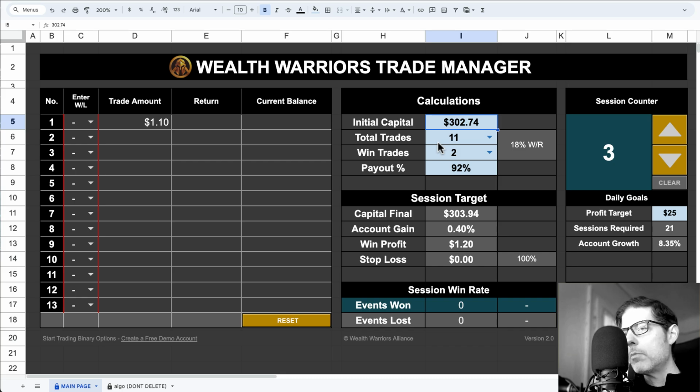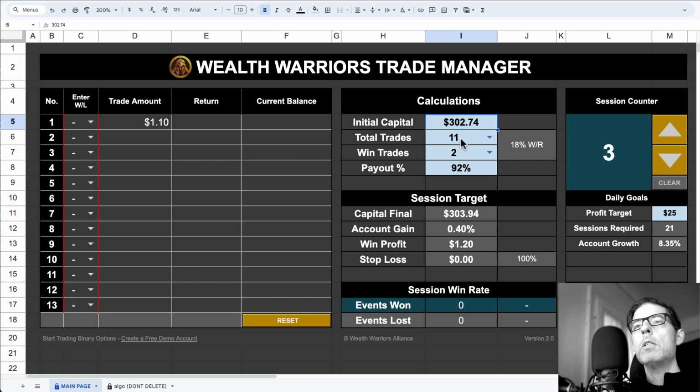They're free to go crazy if they want to. Totally up to them. And also everybody has different skill levels when it comes to trading. So that's also a factor that you have to think about. But for myself, I like to go ultra conservative. So for the settings for me, I must win 2 out of 11 trades to become profitable.